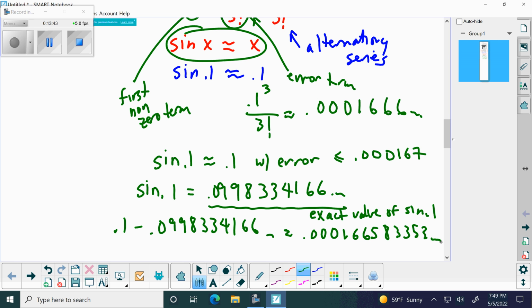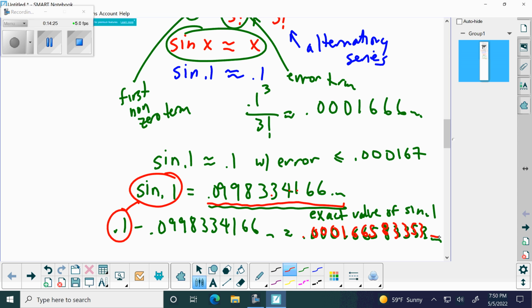So you see over here, I approximate sine 0.1 by 0.1. The actual value is 0.099834166. If I take the difference between my approximation and the actual value, I come up with that difference being 0.000166583353 and so forth.